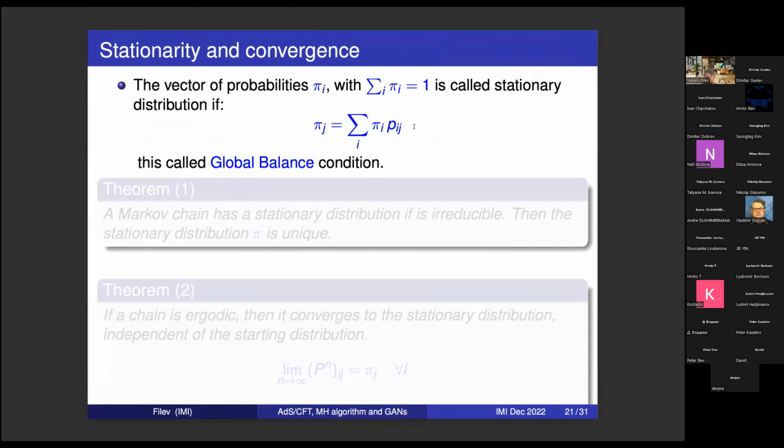It is understood where this comes from. This just means that the probability to be in a state J after one Monte Carlo step is the same as before. And so it's stationary. And this is called the global balance condition.